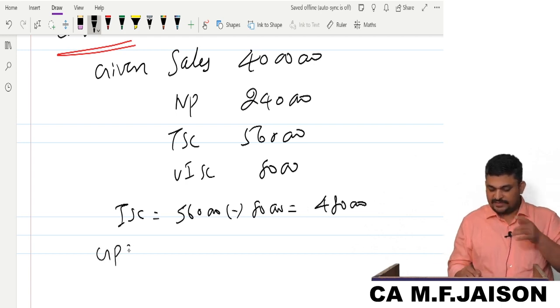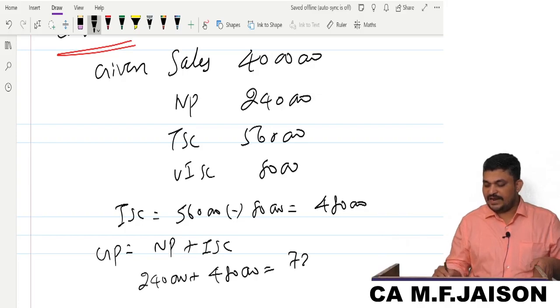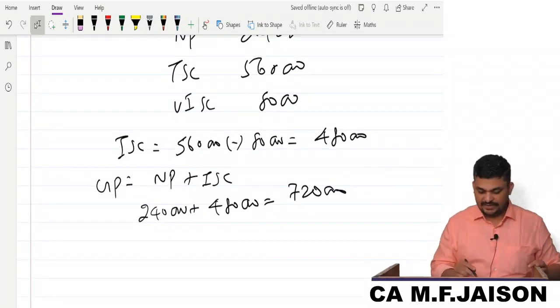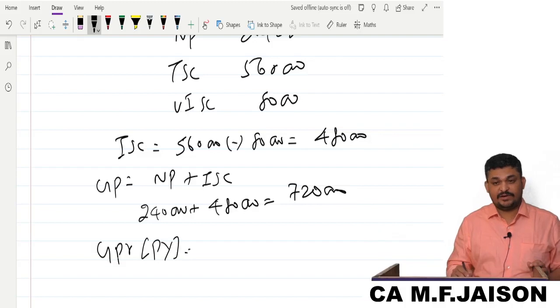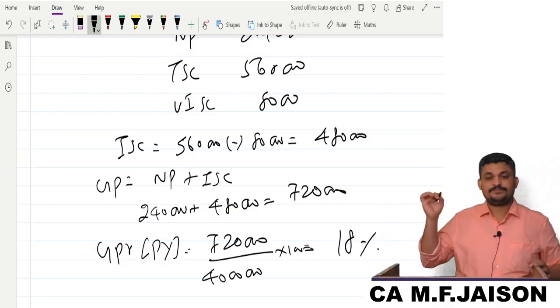Now gross profit is equal to net profit plus insured standing charges. So 2,40,000 plus 4,80,000, 7,20,000. You don't expect this to be very slow. This we can complete. So GPR of previous year is what we are calculating: 7,20,000 divided by 40 lakhs into 100, which is equal to 18%.